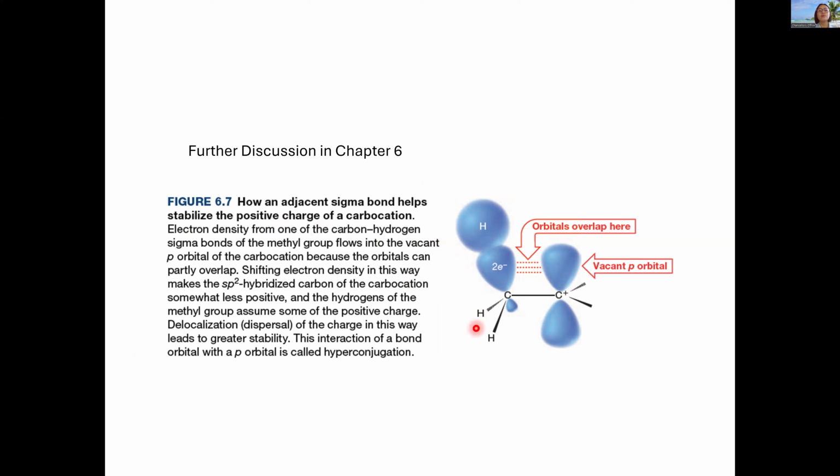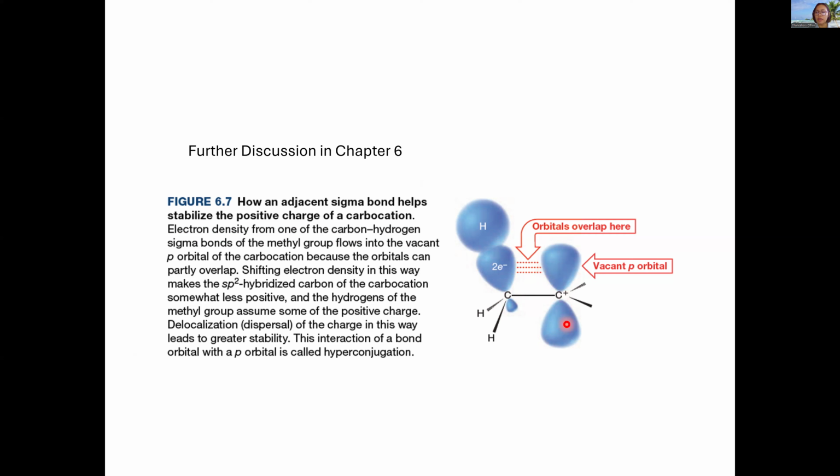If you have a carbon atom with a vacant p orbital here, and here a carbon having an sp3 orbital, there is an overlap with the orbital of the hydrogen. They are adjacent to each other, so the electrons from the carbon-hydrogen sigma bond will be able to share those electrons with the vacant p orbital in the carbon.